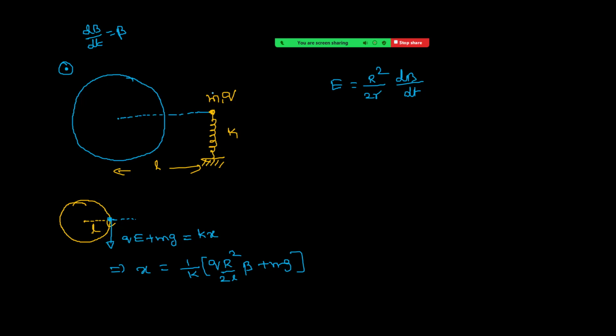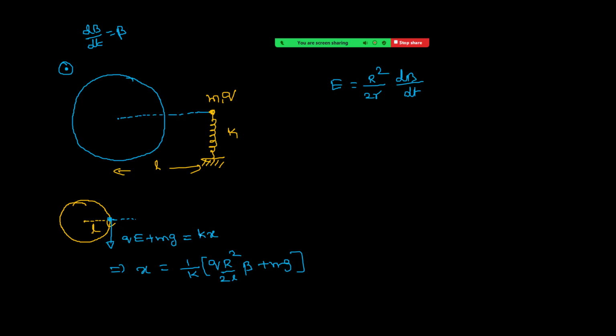Then we have to take mg minus qE as the pointer. If mg is dominating, the net value is mg minus qE, and that should be balanced by kx.